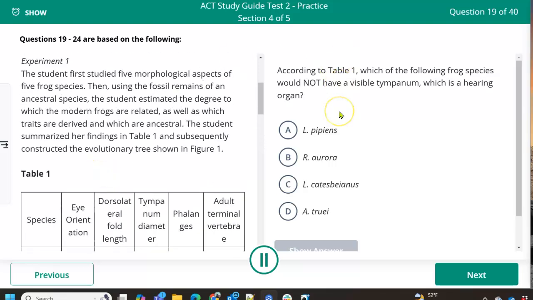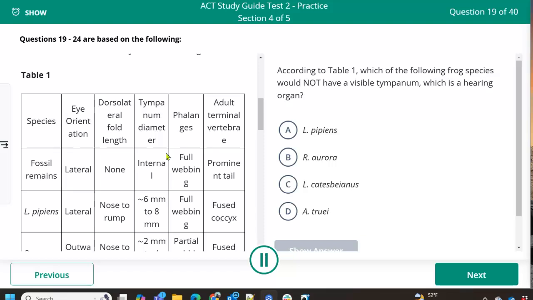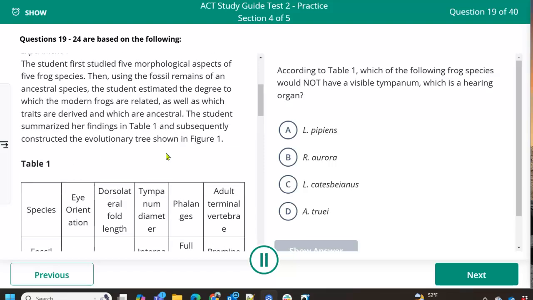All right, since the first question is on Table 1, let's go ahead with it. According to Table 1, which of the following frog species would not have a visible tympanum, which is a hearing organ?